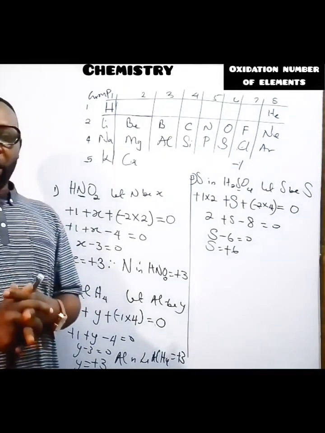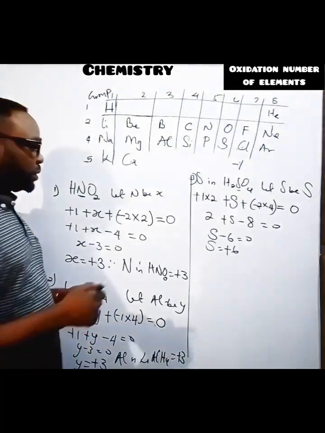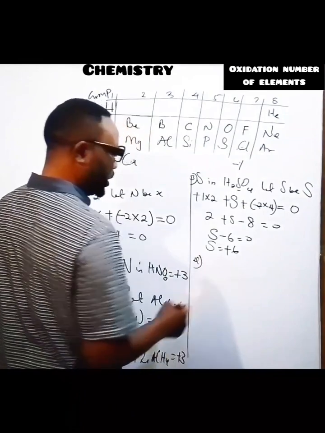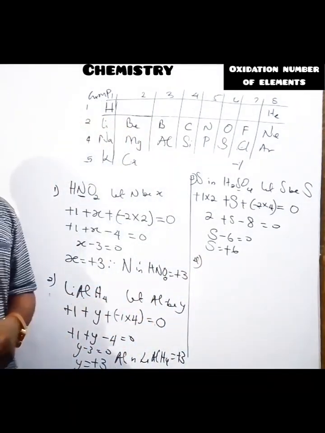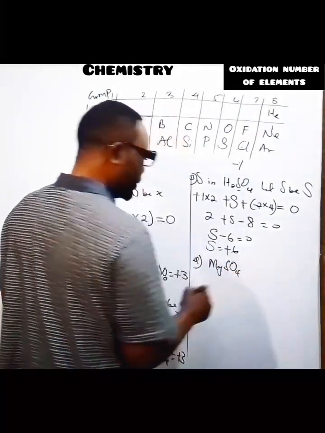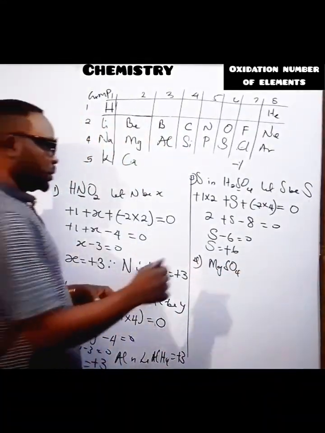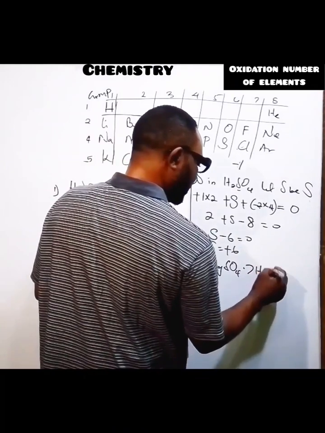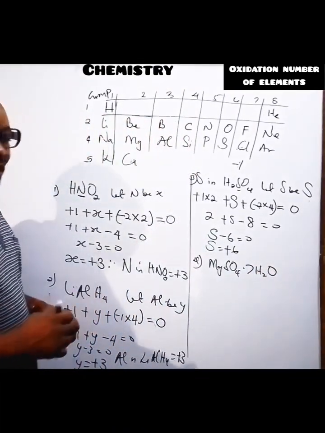Now, another question says that we should find the oxidation number of sulfur in MgSO4.7H2O. This is a hydrate compound.